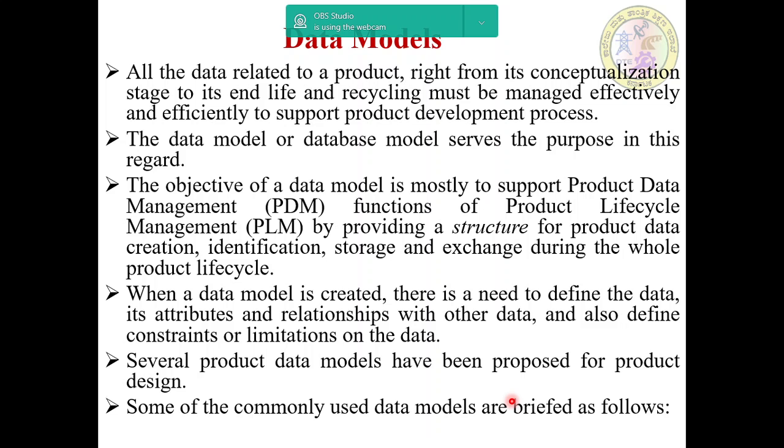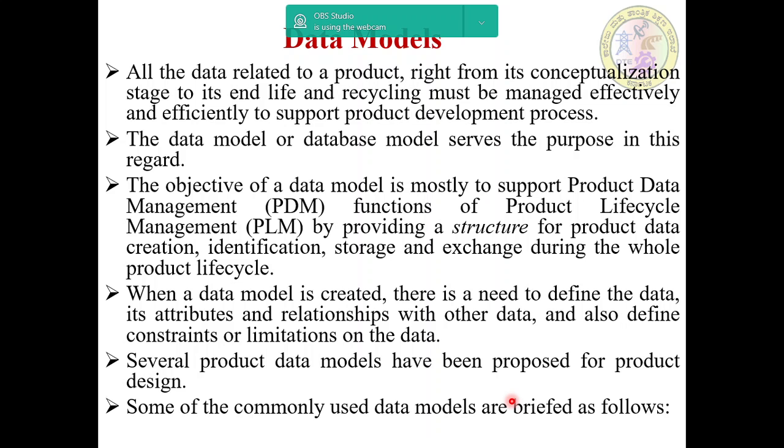When a data model is created, there is a need to define the data, its attributes and relationships with other data, and also define constraints or limitations on the data. Several product data models have been proposed for product design, and some of the commonly used data models are explained hereafter.